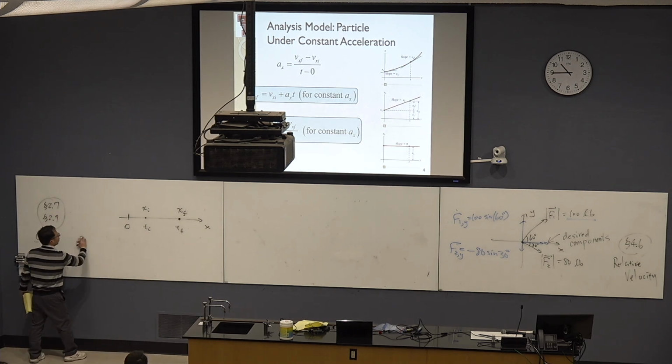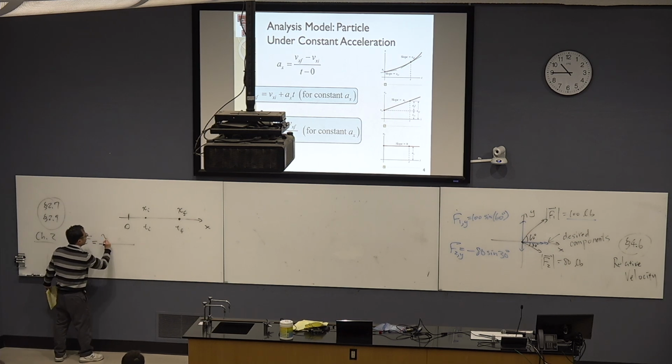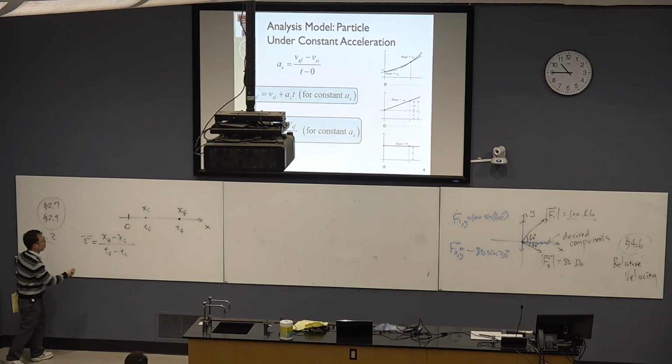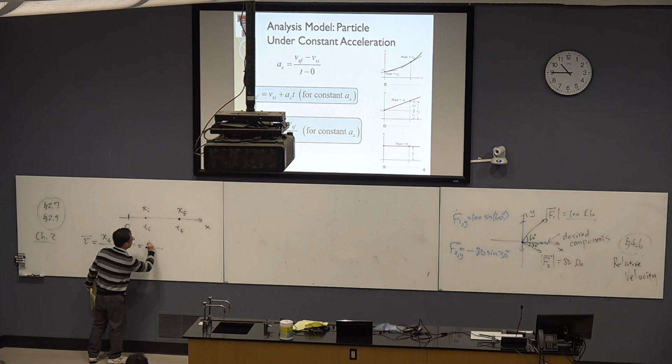So we can first define some average velocity, let's call it v bar. It's defined as the final position minus the initial position, divided by the final time minus the initial time. Right? So this is sometimes called delta x over delta t.